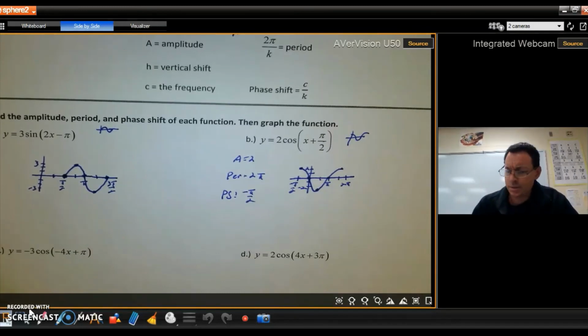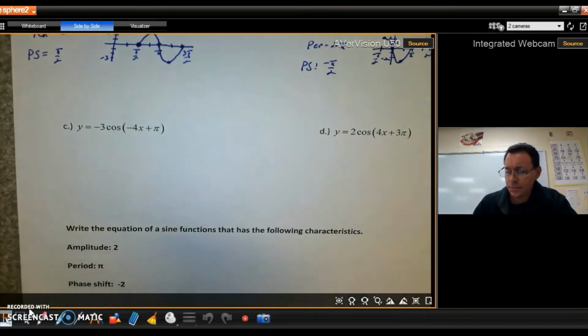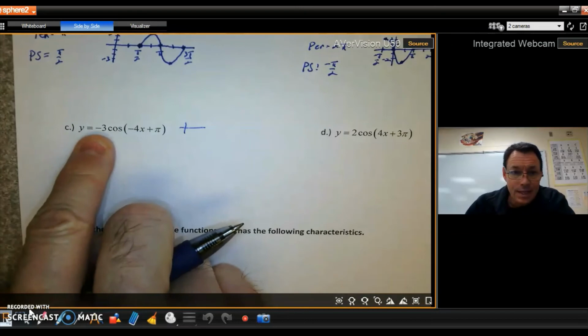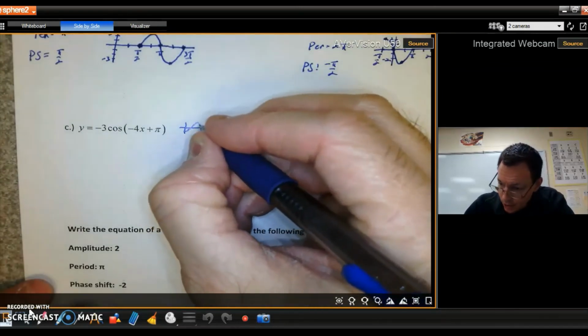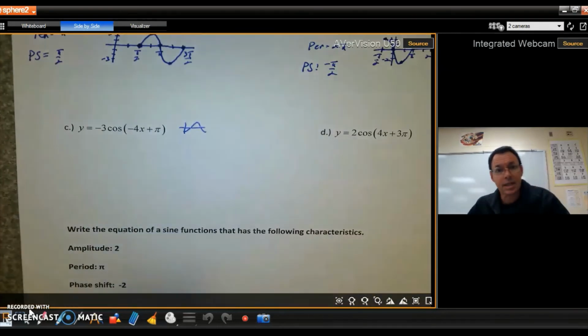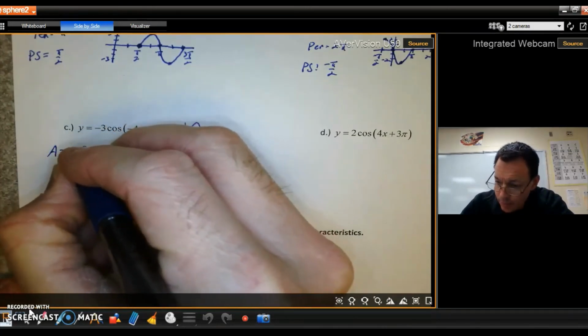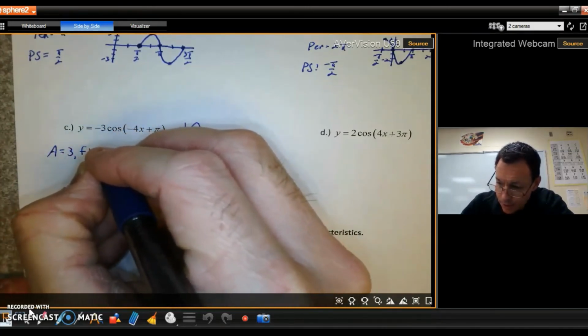Let's take a look at the next one. So, cosine, that negative is jumping out at me. Okay? So this is a cosine, but it's going to look like that. Okay? So I like to think about these before I start graphing them. This has an amplitude of 3, but it's flipped.